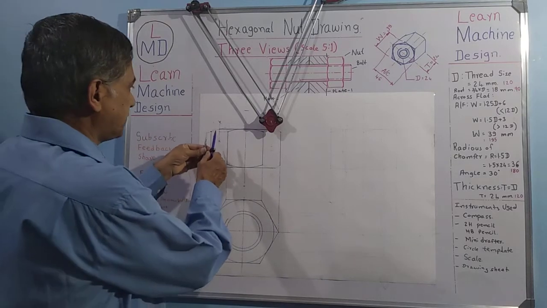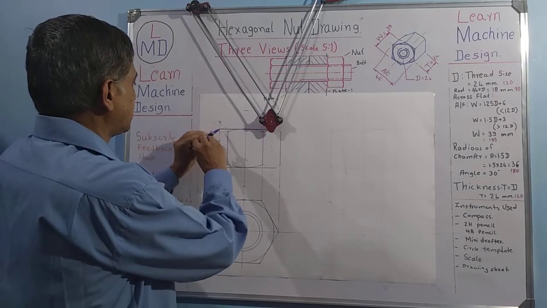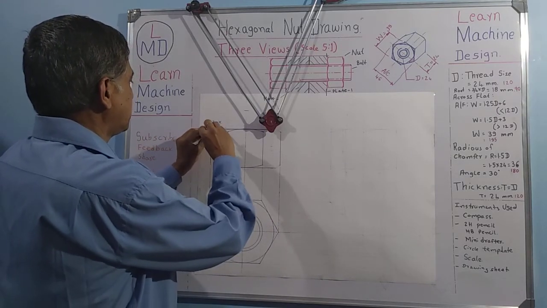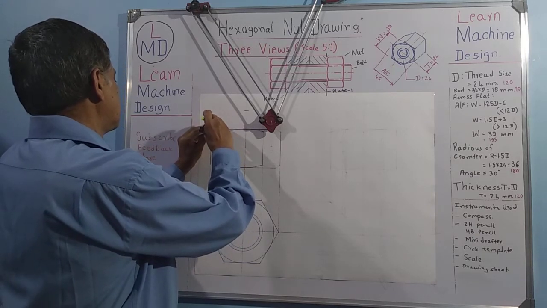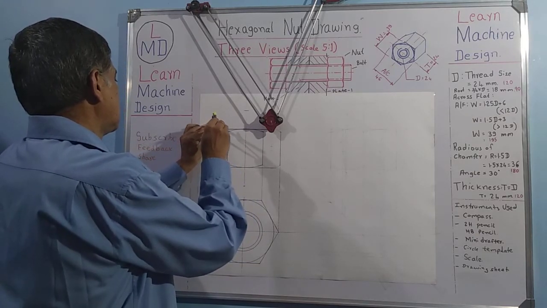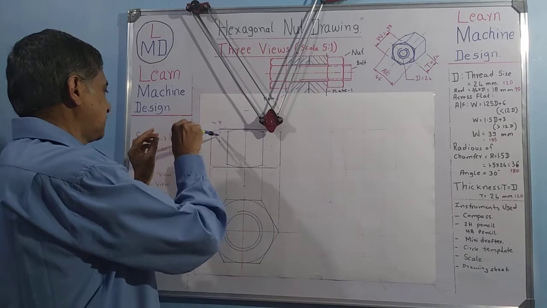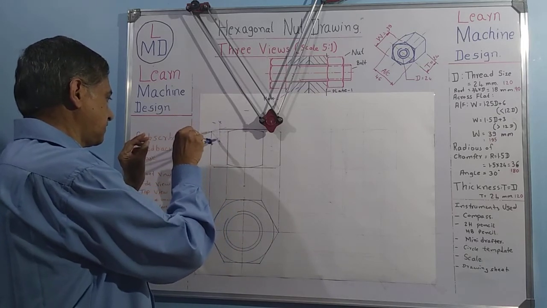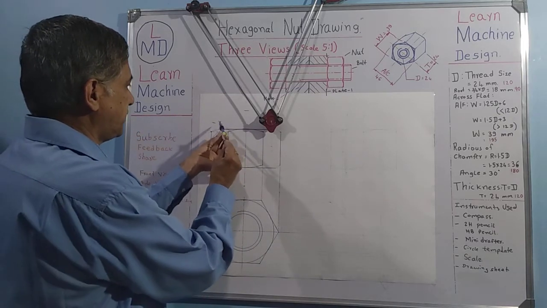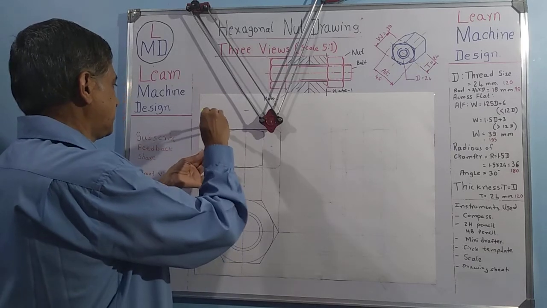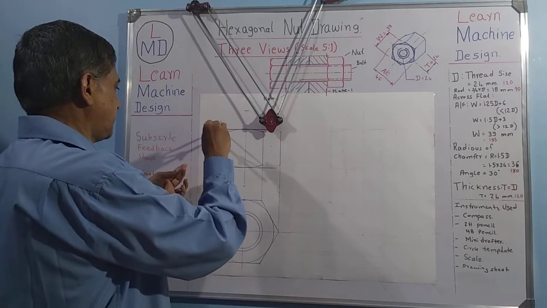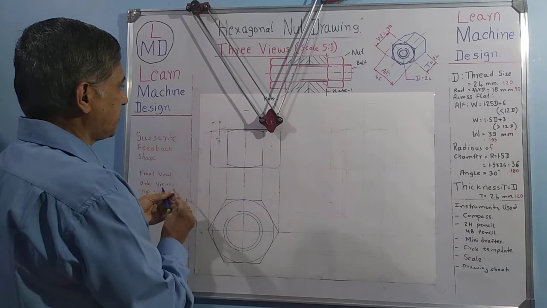Take like this, put the compass here, like this. Take another side, take like this, draw like this. We have got two lines now.